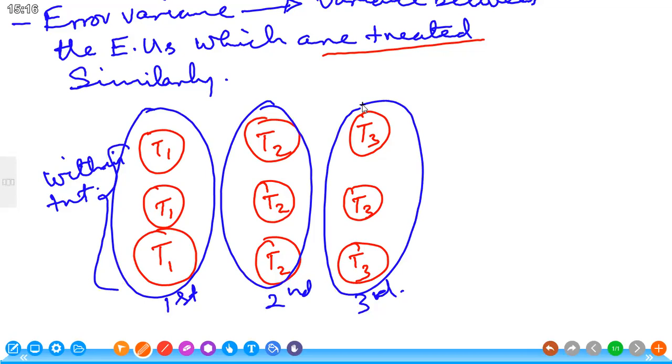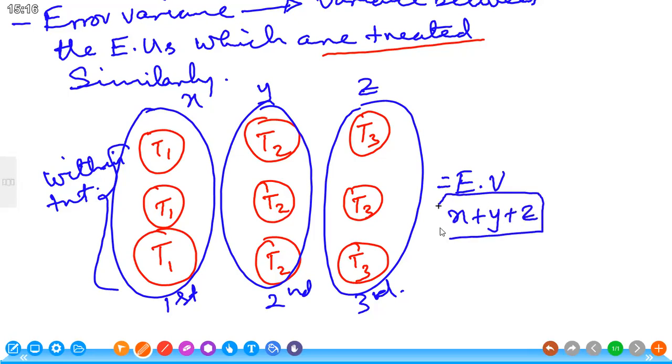That is called the error variance. Error variance from treatment 1, error variance from treatment 2, and from treatment 3, let's say x, y, z. As a cumulative, the error variance is given as x plus y plus z. We give it in a cumulative form because it goes as one experiment.